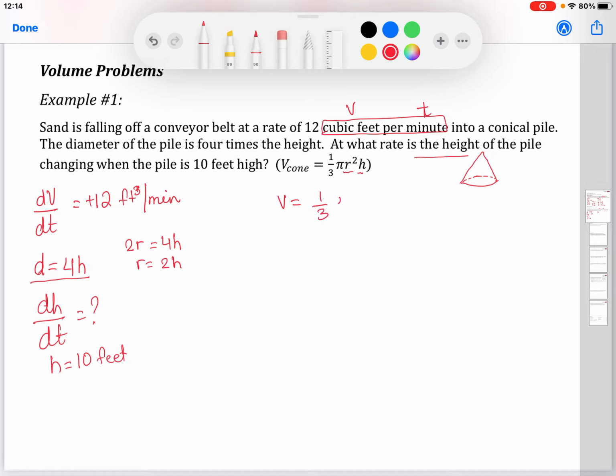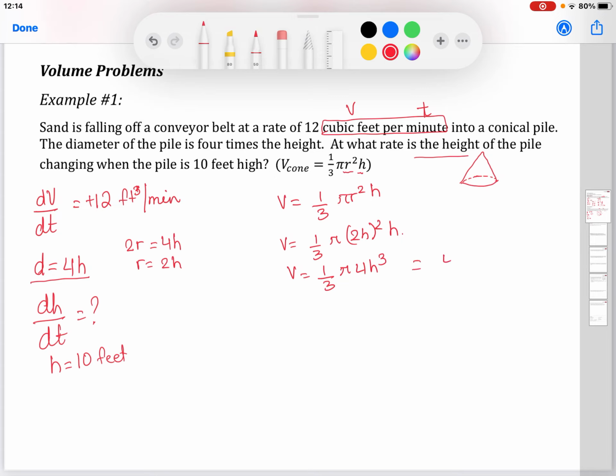So I know my volume is 1/3 pi r squared h, which is 1/3 pi, what was my r? (2h) squared times h, which is 1/3 pi 4h cubed, right?